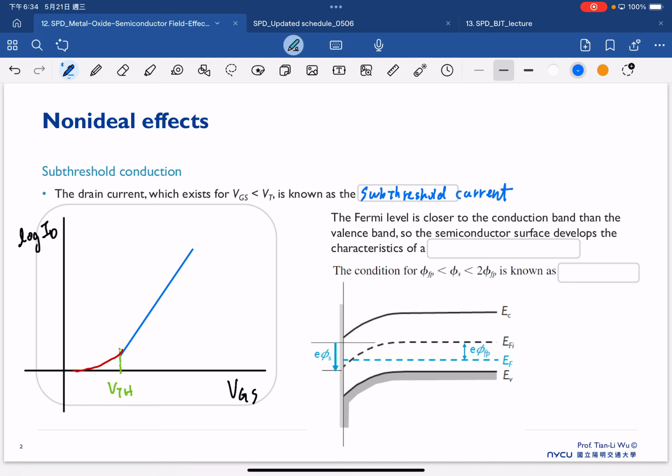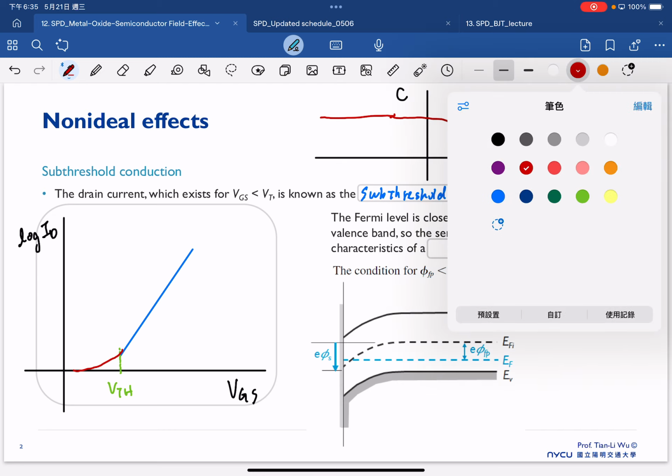And this is because from the previous CV curve, if you still remember our CV, we have capacitance versus voltage, and we already showed that it starts from accumulation and then a depletion, and then we have this strong inversion.